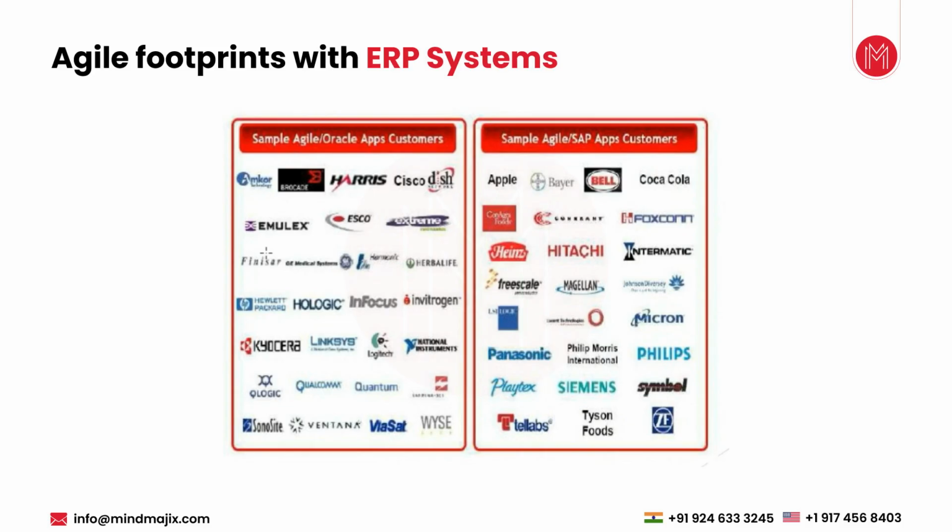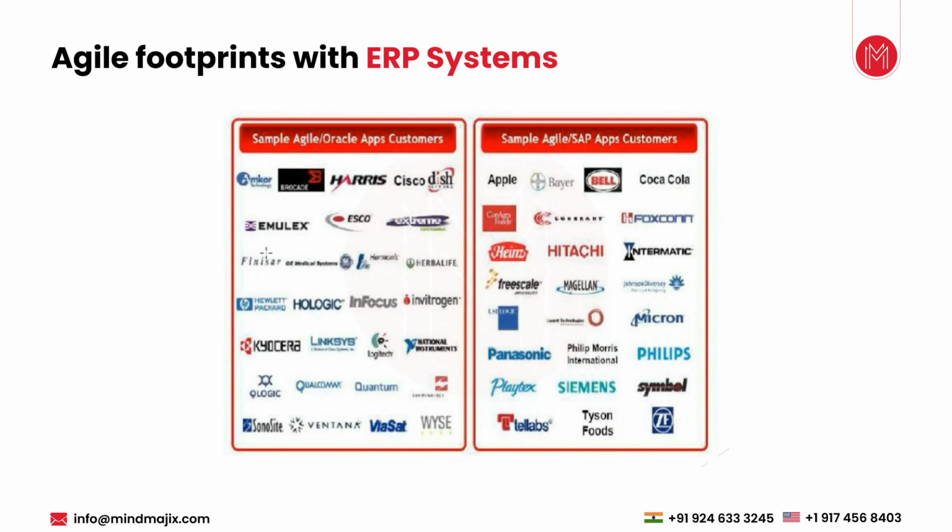Oracle has different suites, the combination of Agile and Oracle apps, that means EBS. On the left hand side you can see companies which are using Oracle Agile PLM and the EBS system as a suite.